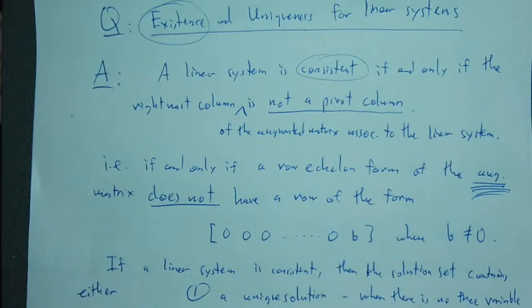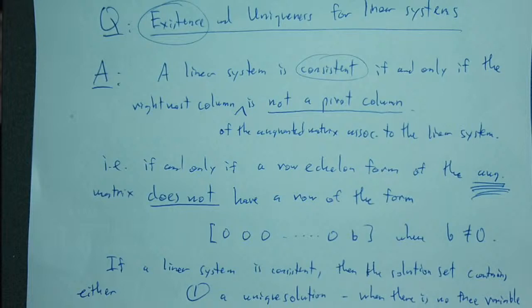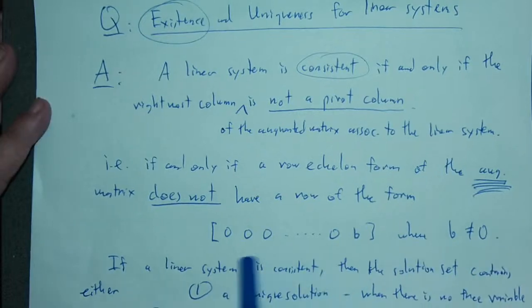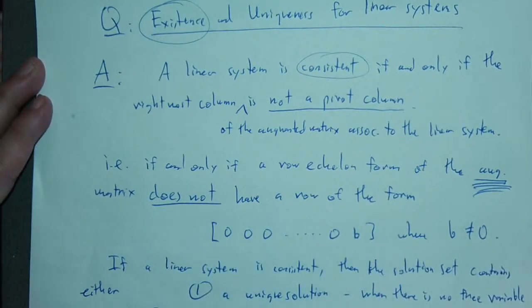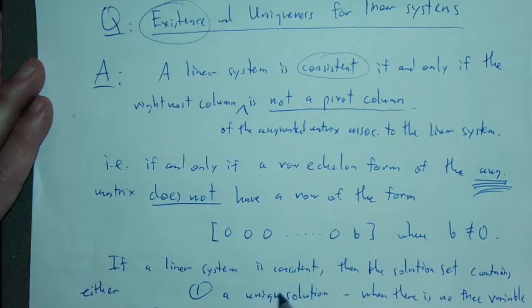It might seem like a really trivial distinction, but it's very important that you distinguish between the augmented matrix and the coefficient matrix, because exactly the opposite thing is going to be true for a coefficient matrix if you try to apply this. But in the augmented matrix system, what does this correspond to? This corresponds to an equation in that linear system that says 0 is equal to something that's not 0, right?